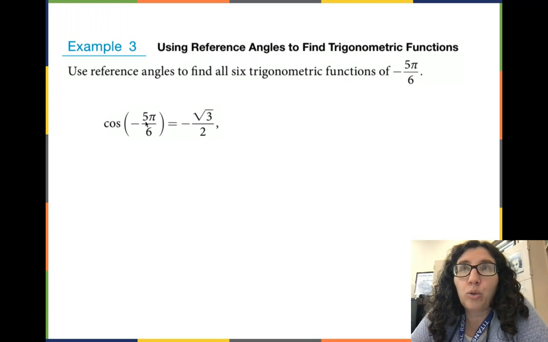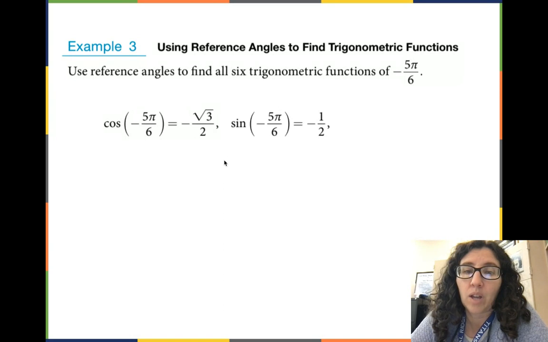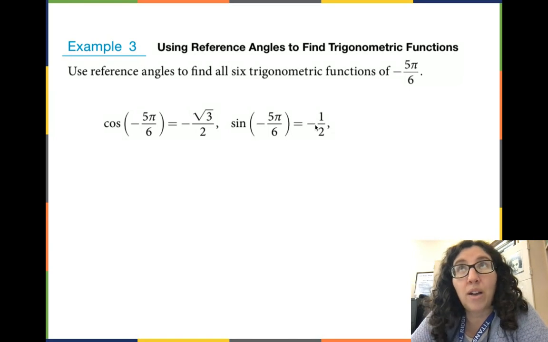And in quadrant 3, cosine is negative. We could also think of it, the x value is going to be negative. So it's negative square root of 3 over 2. Sine of negative 5 pi over 6 is 1/2. And in quadrant 3, sine is negative. We could also think that the y value on that circle is negative. So sine is negative 1/2. Now it's just ratios.